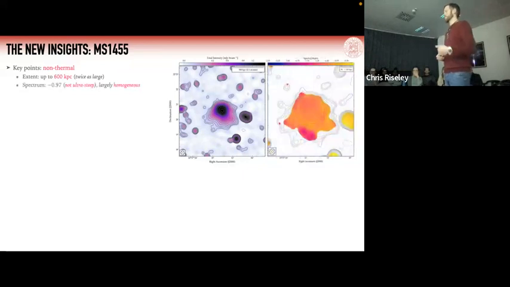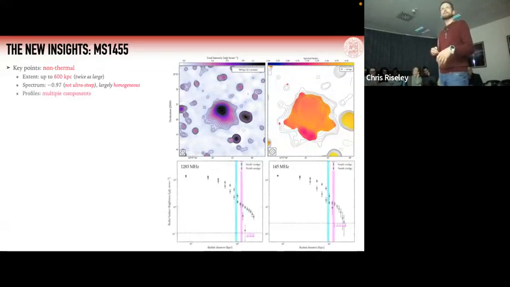And previously, mini halos were thought to trace inefficient acceleration processes and thought to be a very steep spectrum. However, our new high-quality data is showing us that we're not looking at ultra-steep spectrum emission. We are talking about a spectral index of the order of -1, which is very typical for halos and relics and emerging mini halos.